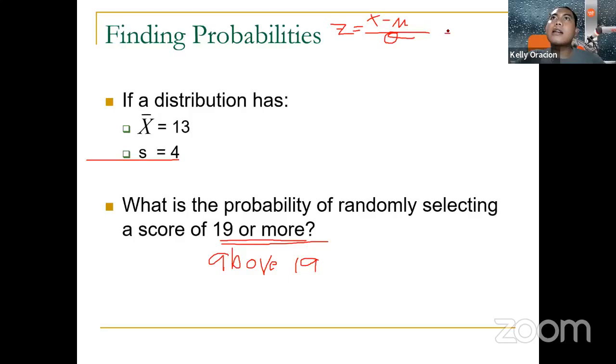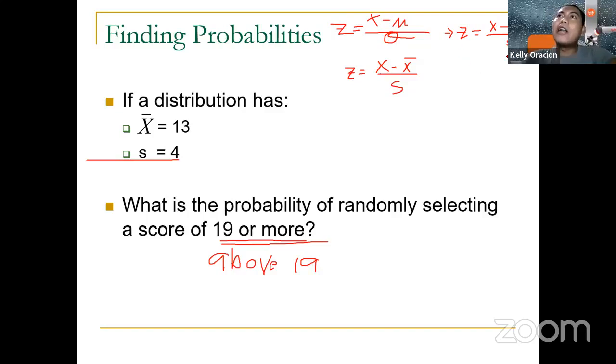So to solve this first problem, z-score is equal to x minus mean over standard deviation.